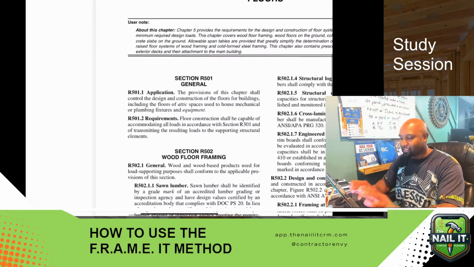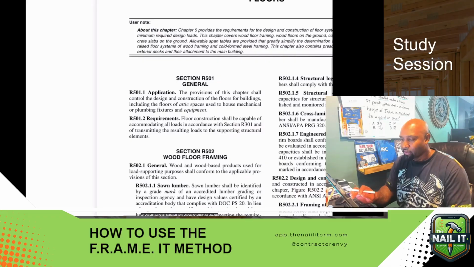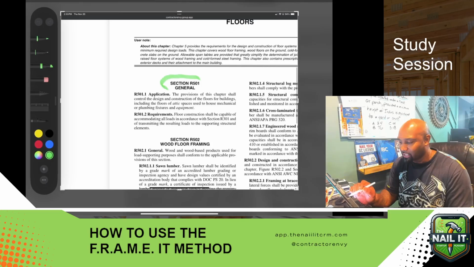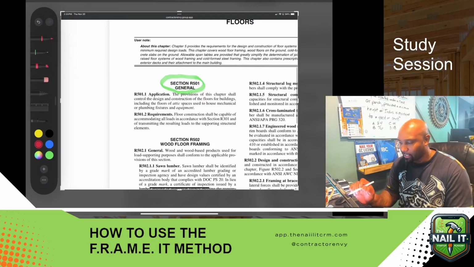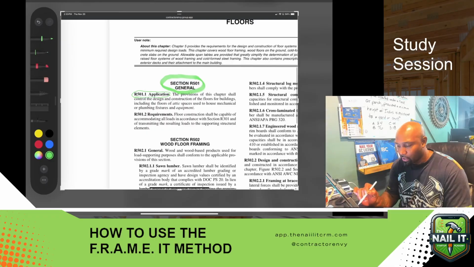When we look at section titles, these are titles, okay? When you look at this, these are section titles. So we're looking at section titles, right?